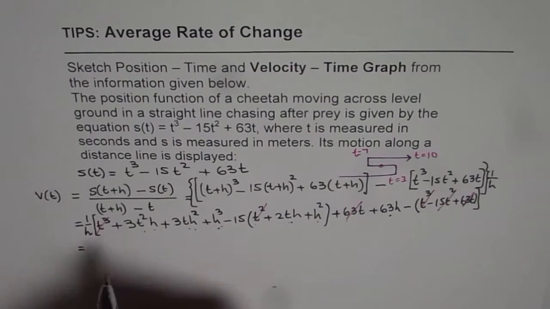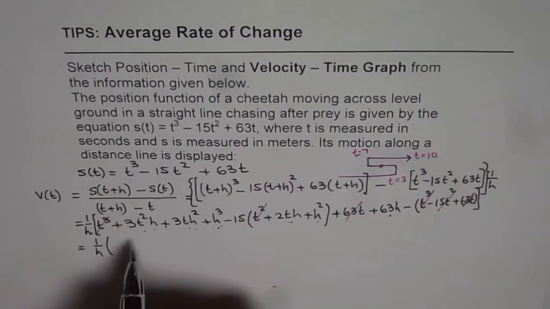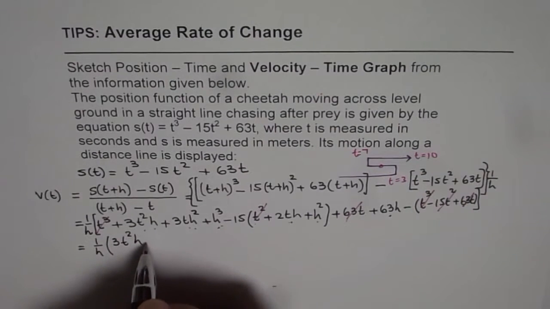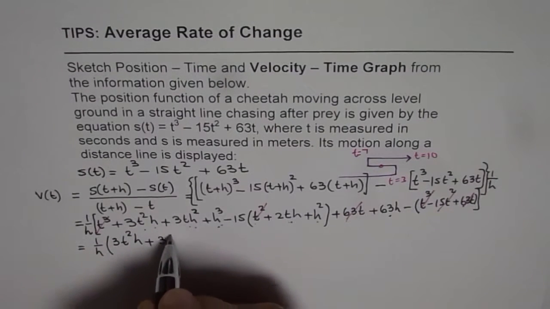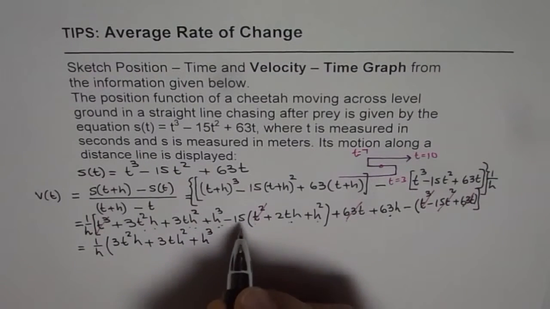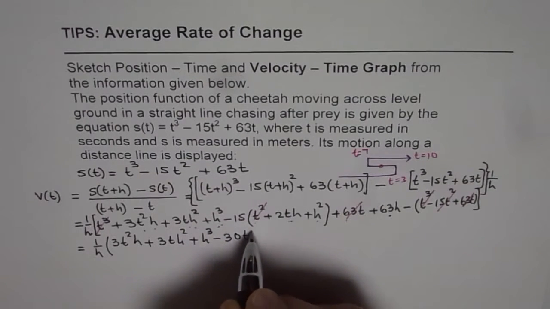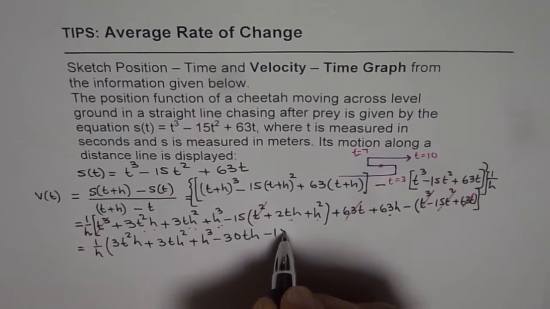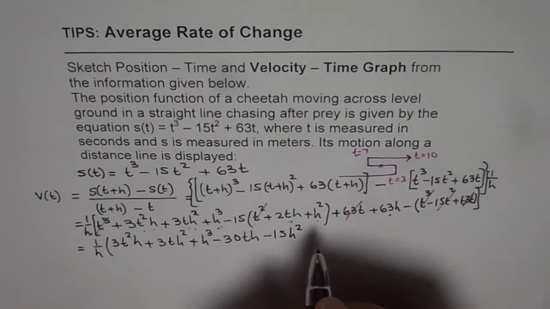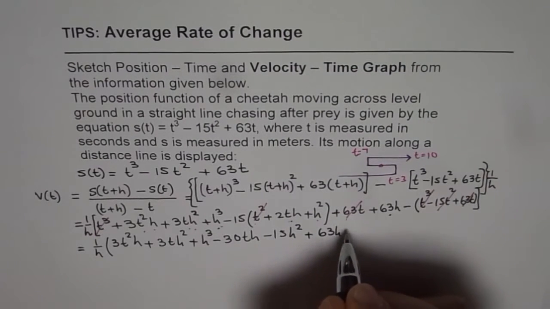So we have 1 over h times 3t square h plus 3t h square plus h cube minus 2 times 15 is 30 th minus 15h square, and then we have plus 63h.